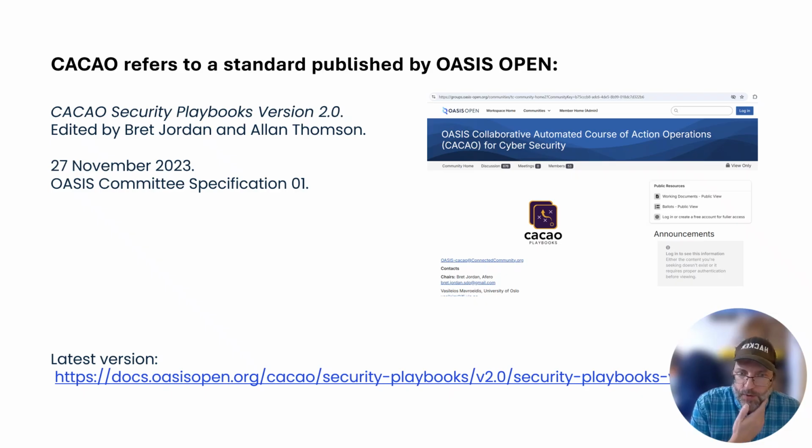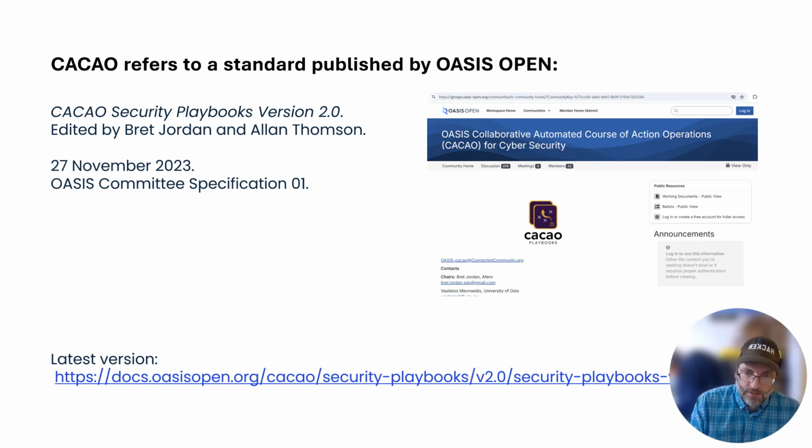OASIS Open as a standards body is pretty focused on cybersecurity. It's not as big as like IEEE or the IETF, the people who make standards for like wireless communications, like Wi-Fi is an IEEE standard. IETF, some of the RFCs that made the internet, defined the internet protocol. Really big standards organizations.